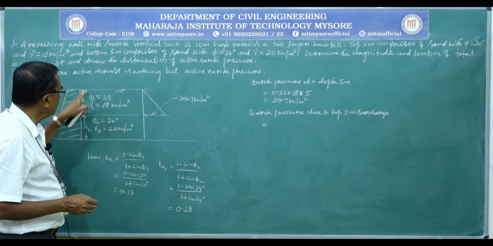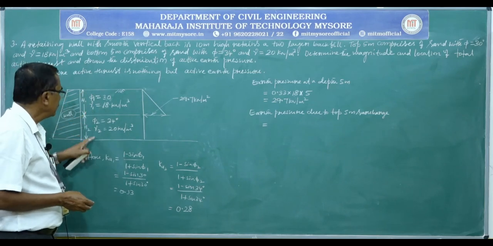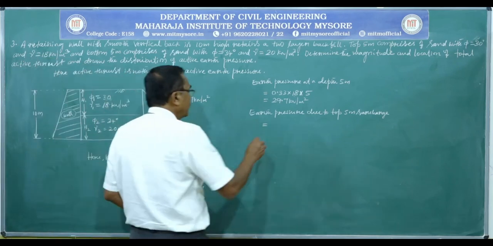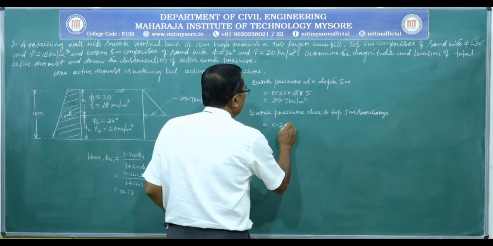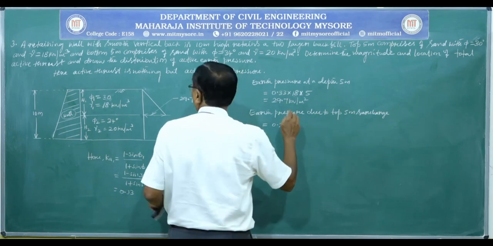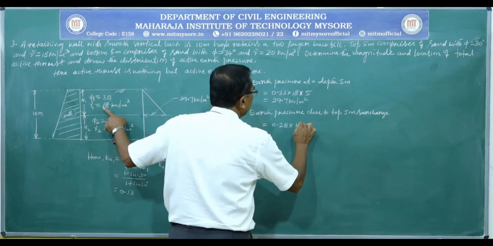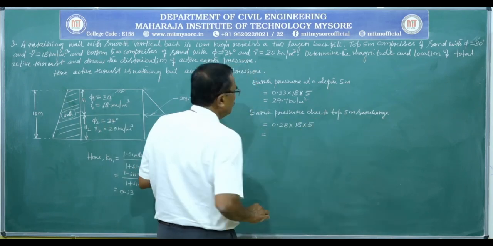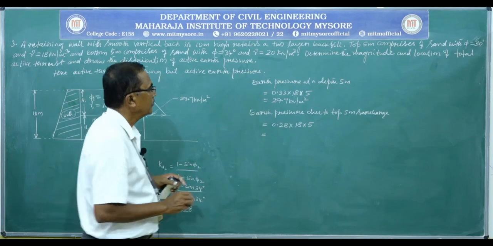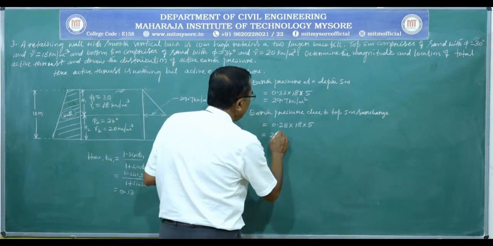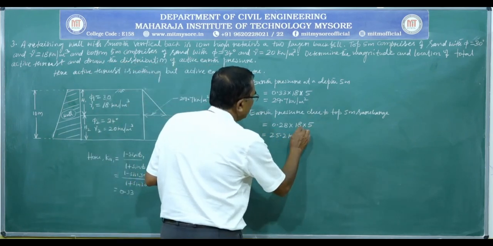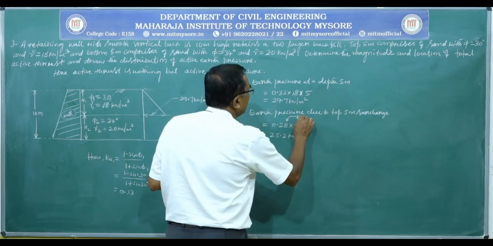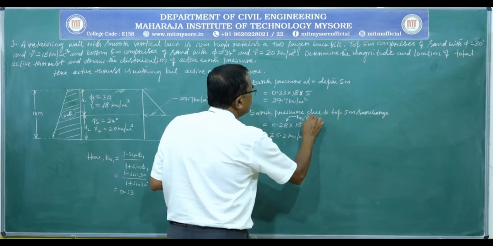Surcharge is gamma 1 into H1 due to top layer multiplied by Ka2, coefficient of bottom layer, that is 0.28 times gamma 1, 18, into 5 meters, that is equal to 25.2 kilonewton per meter square. This is Ka2 gamma 1 into H1.